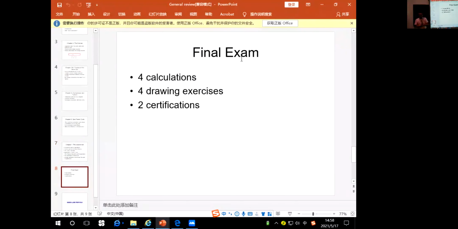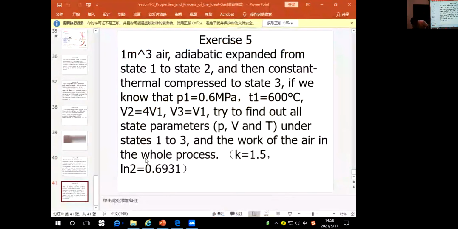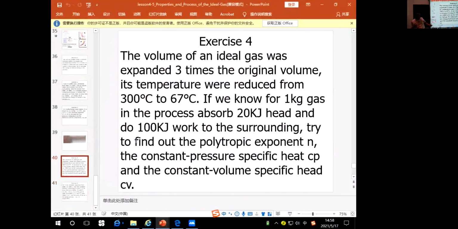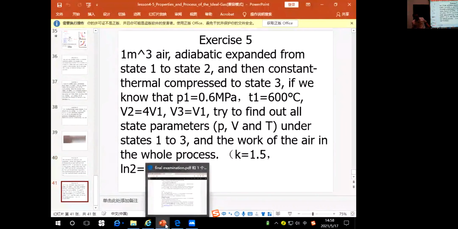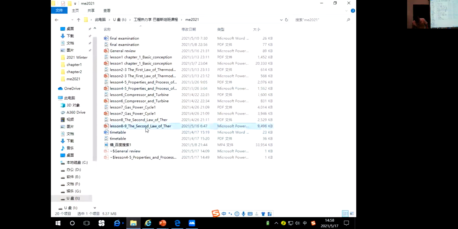Okay, so now let's try to... today we still need to finish these two exercises, exercise 4 and 5, and there are a lot of exercises here. Maybe this one.